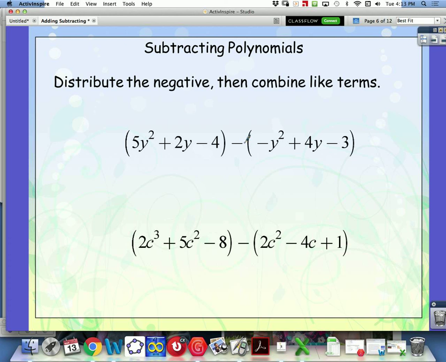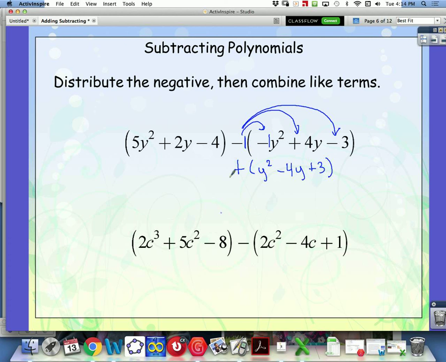So we're going to say that this is a -1, and use the distributive property and multiply everything here by -1. -1 times -1x squared y squared means this is going to become a plus, and now this is a y squared, positive. -1 times 4 is -4y, and -1 times -3 is plus 3. So I've gotten rid of this minus by changing it to a plus, and now I've distributed.